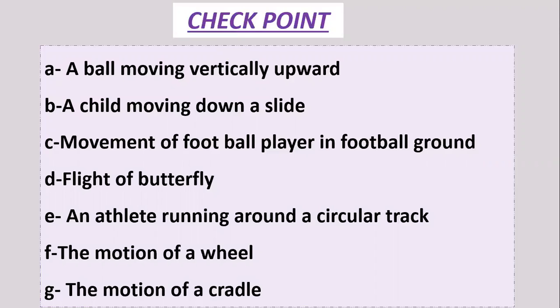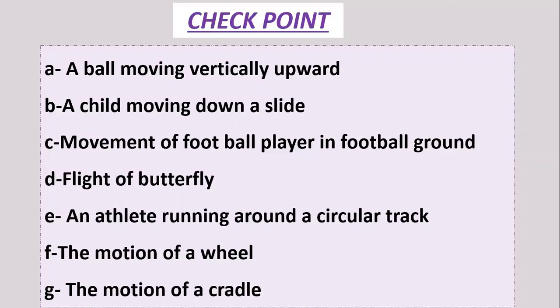Movement of a football player on the football ground. A player will move in an irregular pattern to reach the goal. So that irregular movement on the football ground would be random motion.